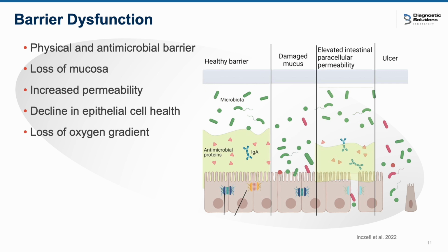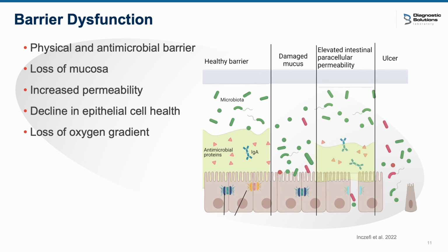We see a loss of the oxygen gradient, and so what we would generally see in the center of our large intestine, we would have an anaerobic environment. And then as we move through the mucosal layer, we would have more and more and more oxygen. And then we get to the cellular layer down here where we have aerobic respiration.